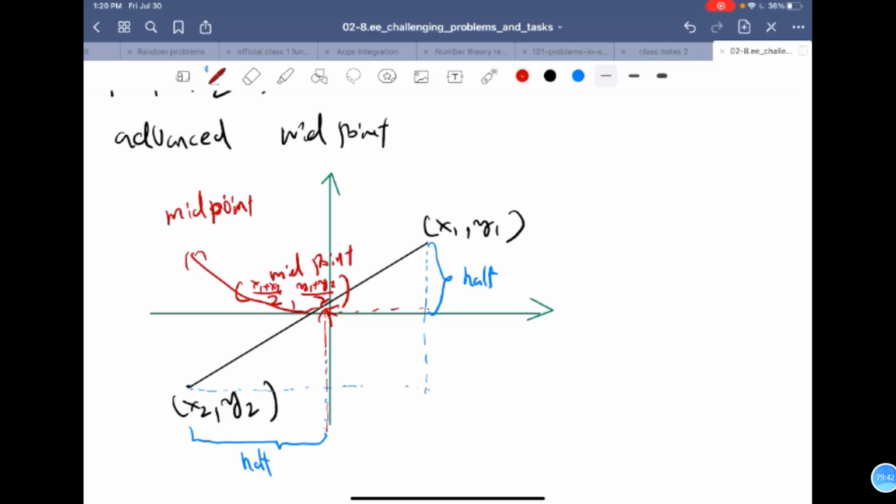Because it was divided by 2. Mathematically prove it.